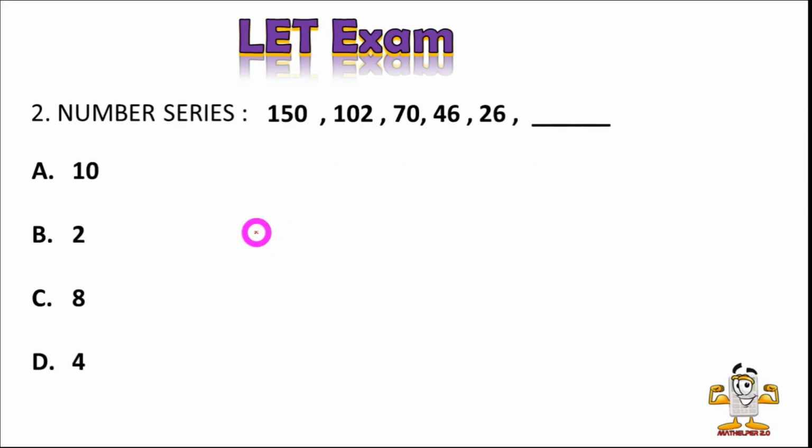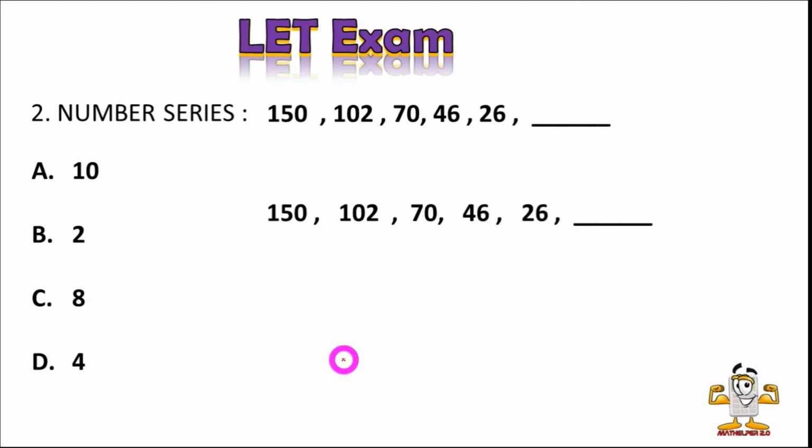Number 2, number series 150, 102, 70, 46, and 26. So hanapin po yung ika-anim na term. So letter A, 10, letter B, 2, letter C, 8, letter D, 4.